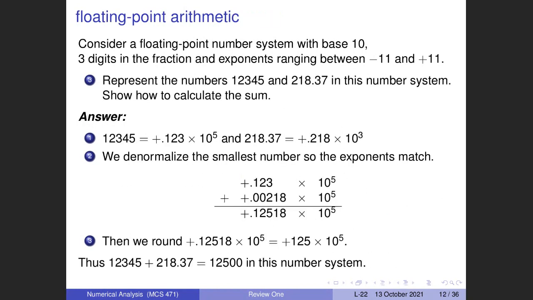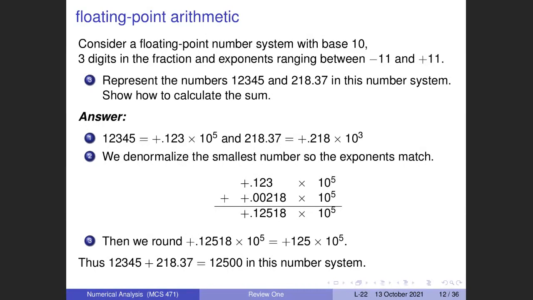All right, so floating point arithmetic. We have this number system where we add 2 numbers. One is an integer number, the other one has 2 decimals after the dot. One is larger than the other, and we will first represent these numbers in the number system.